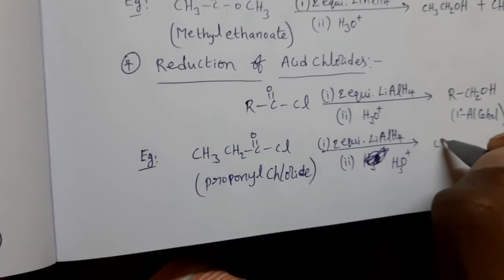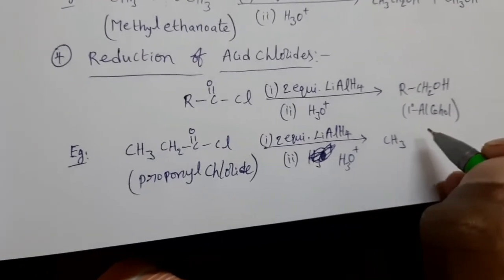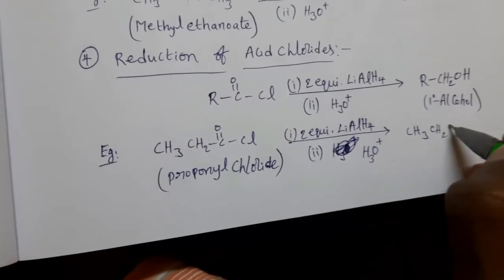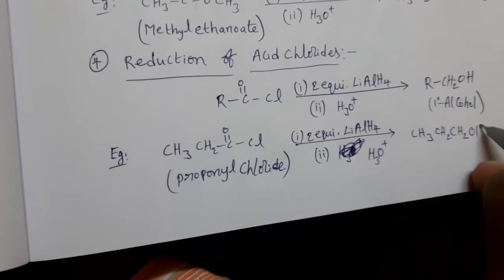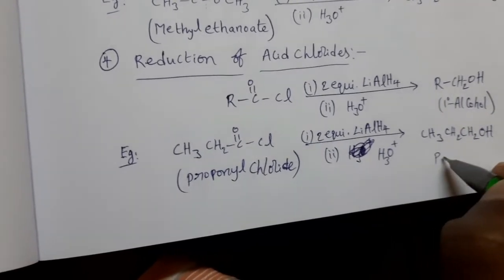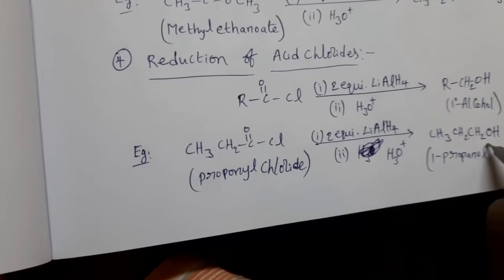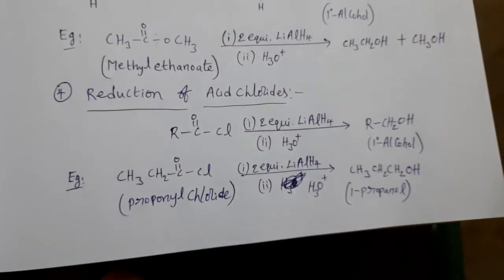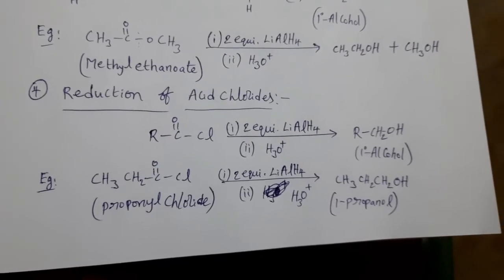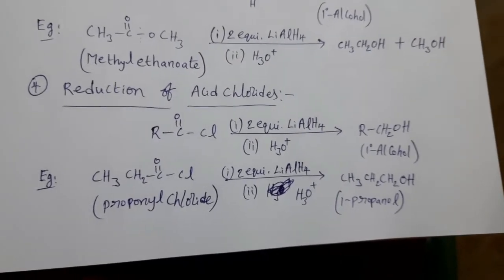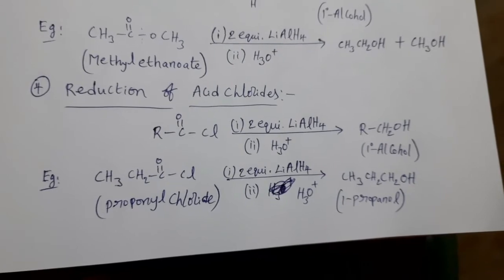We can get this one, CH3CH2CH2OH. Primary alcohol. This is propanol, 1-propanol. Okay. So in this way, acid chlorides are reduced to primary alcohols with 2 equivalents of LiAlH4.